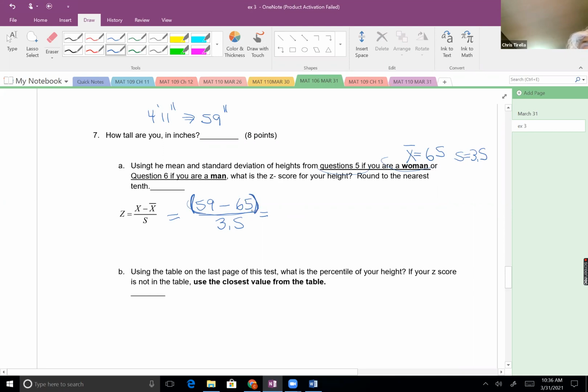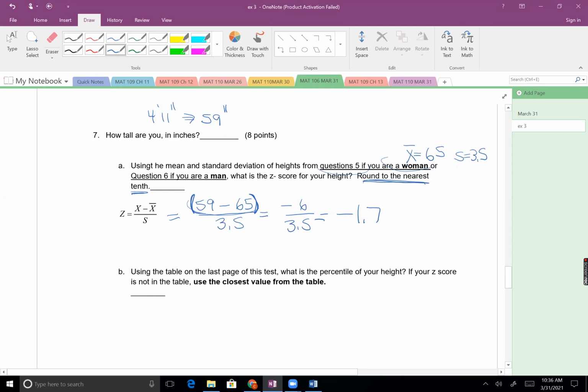And so 59 minus 65 is -6, divided by 3.5, gives me negative 1.7. Again, I was asked to round to the nearest tenth.